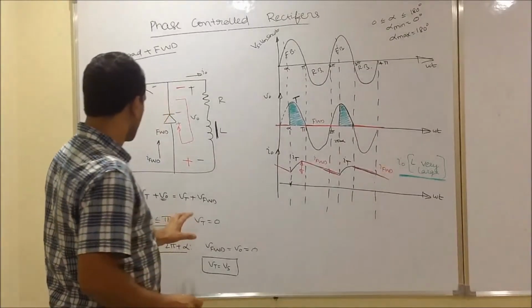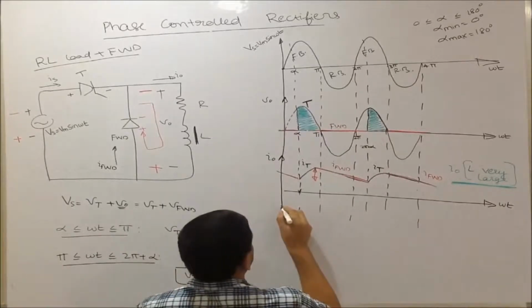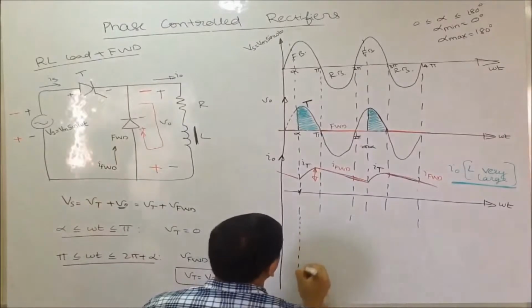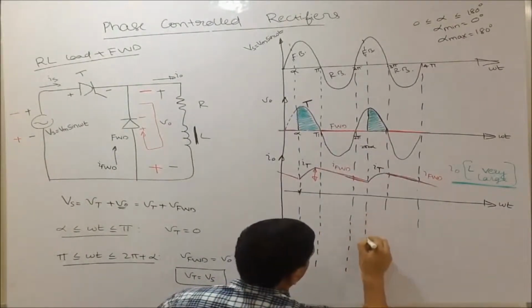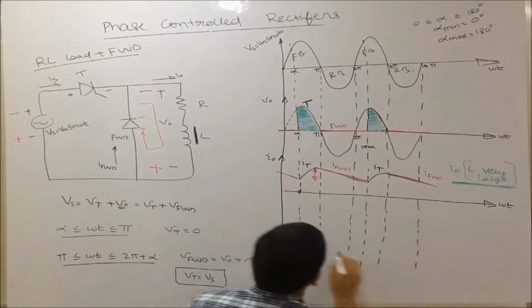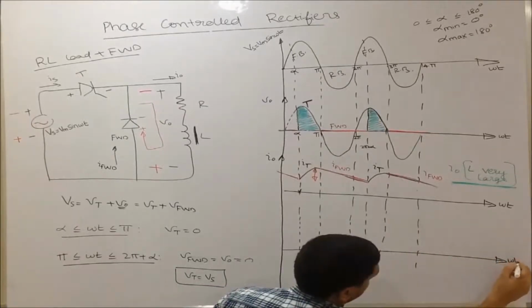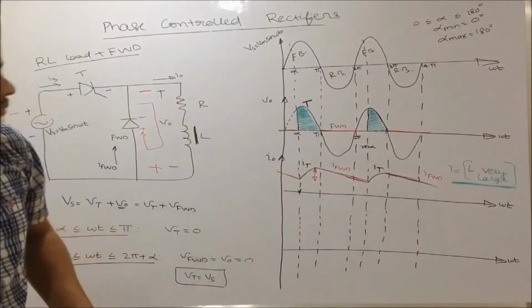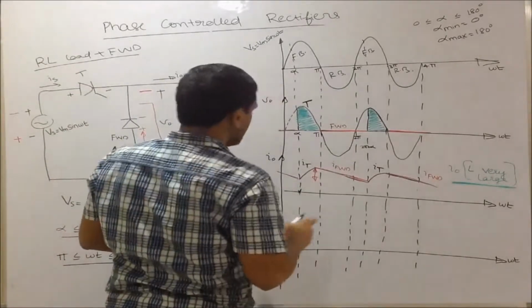Now we will draw the waveform of Vt. Observe, from alpha to pi, Vt is 0.